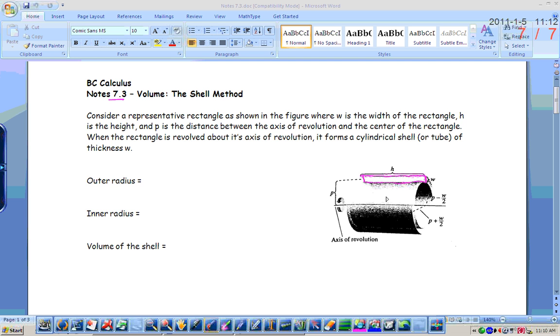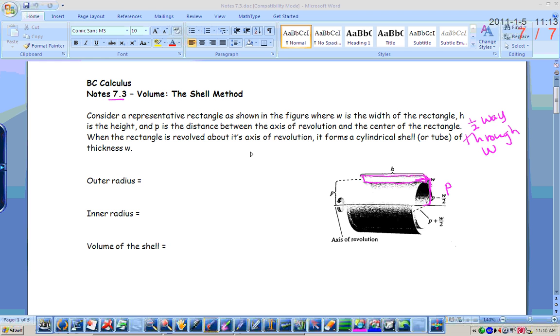And then P is the distance between the axis of revolution and the center of that rectangle. So P goes from the axis up here to halfway through the thickness W of that shell.